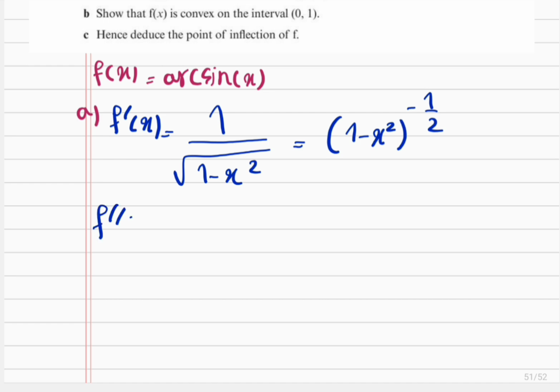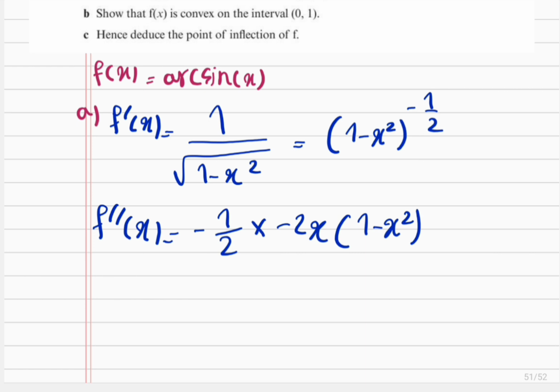Now, f double dash x is equal to, so we use the chain rule to differentiate this, minus 1 over 2 comes down, and also from inside the function, the derivative is minus 2x, and then we write down the function, and then we have the power minus 1, which is minus 3 over 2. And we can simplify this, which becomes x over 1 minus x squared to the power of 3 over 2.